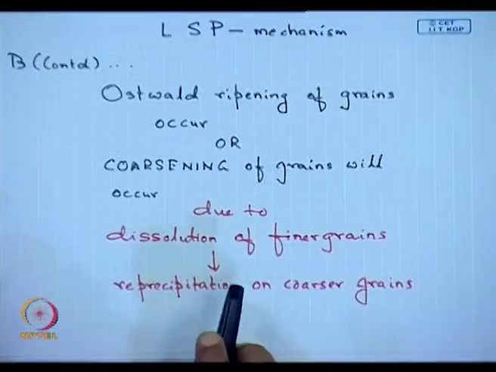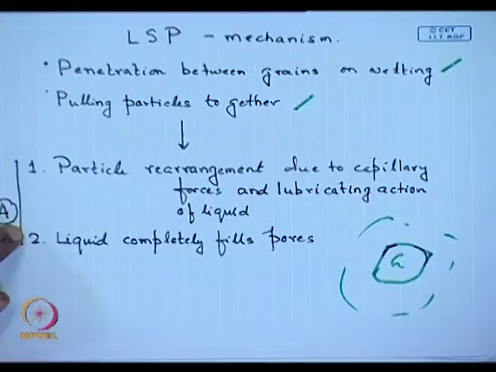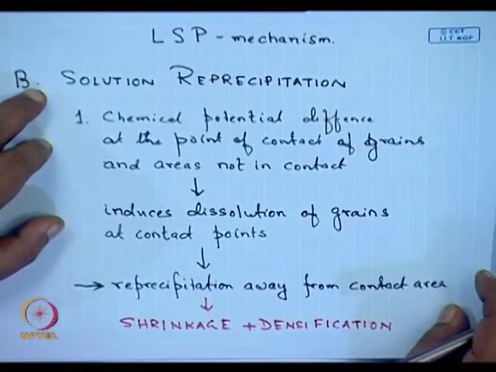This coarsening is undesirable frequently in liquid phase sintering. Anyway, this is the flip side. So, what we have over here is this mechanism in liquid phase sintering, particle rearrangement, liquid completely filling the pores, solution reprecipitation, which I have said over here.